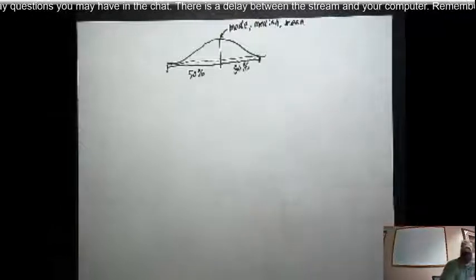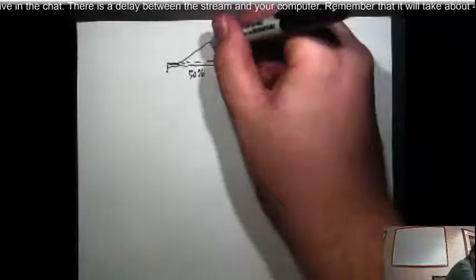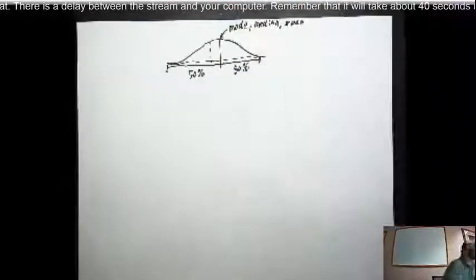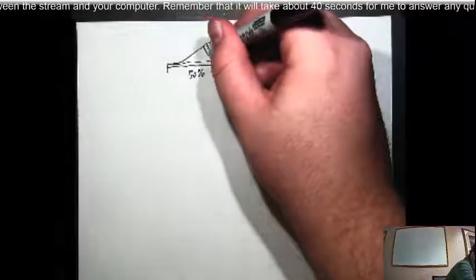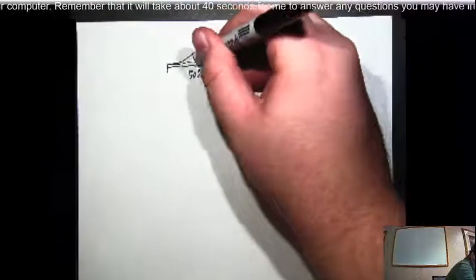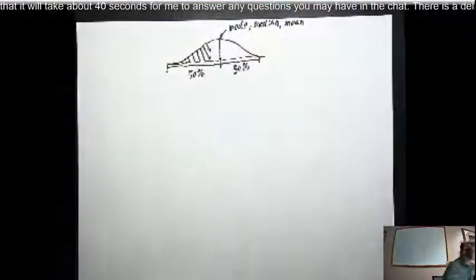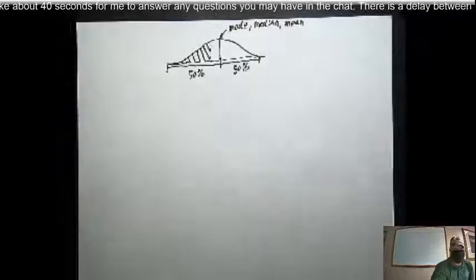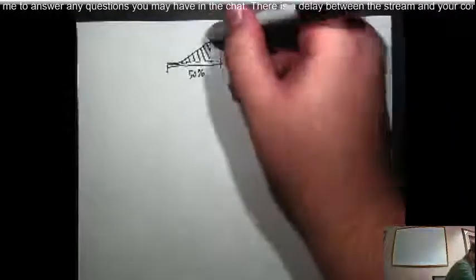So if we have, let's see, if we have a point here, we can calculate the amount of our data that occurs behind that point. So how much of our data is in this area. Okay? So maybe we know what this point is.